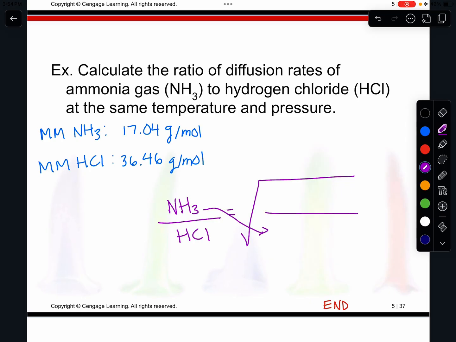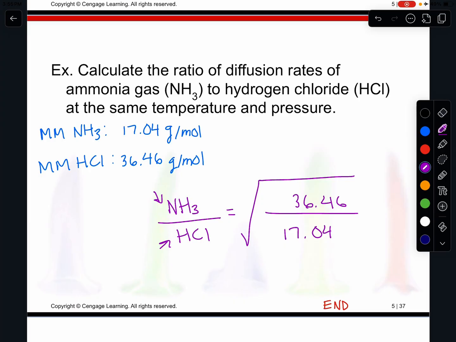So the molar mass for NH3, the top one, goes on the bottom, and this goes on the top. You don't have to draw these lines, I'm just doing it to show you. So NH3, which I solved up above for us, is 17.04. And HCl is 36.46. The reason why you write it with the lighter gas on the top and the heavier massed gas on the bottom is so that when you're writing your relationship at the end, well, I'll show you after I do it.